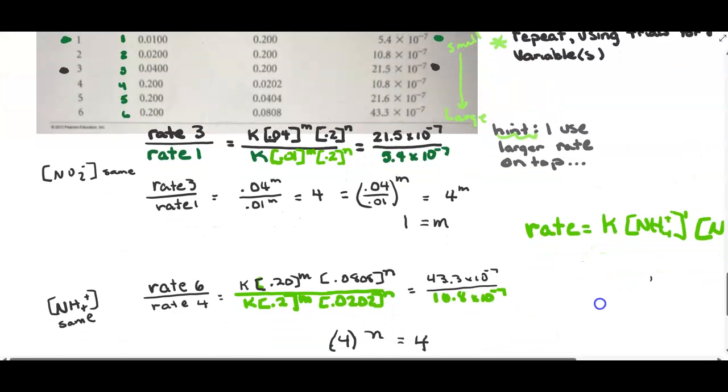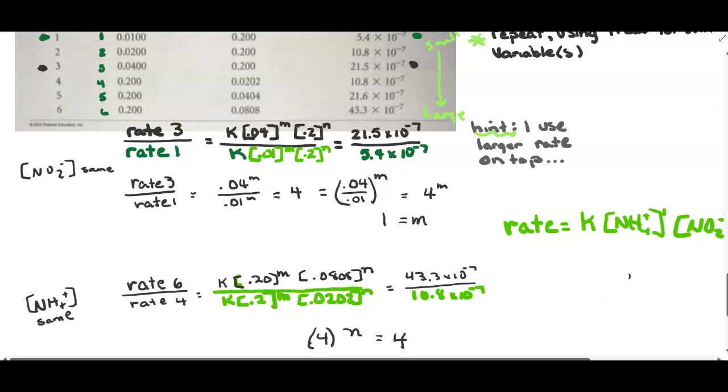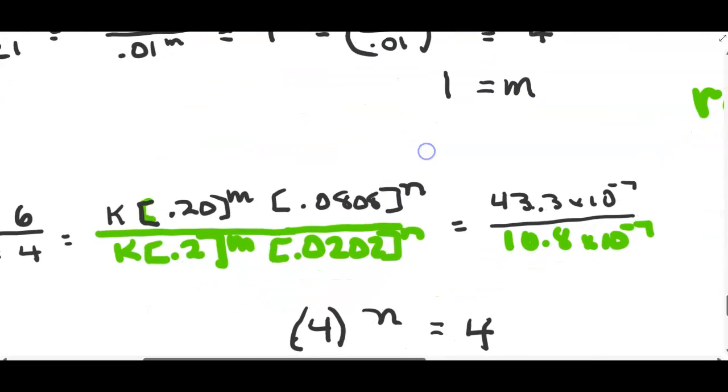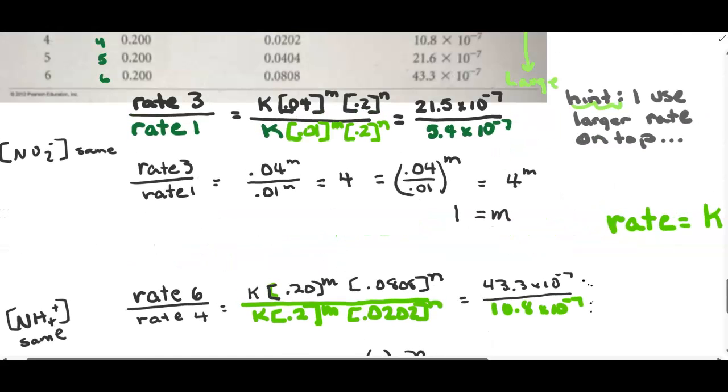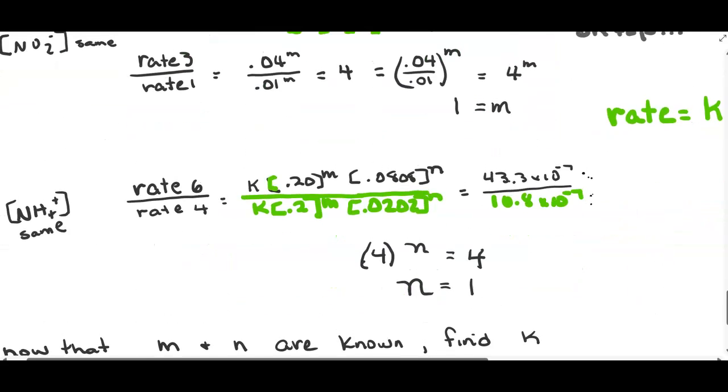And I can repeat this with a comparison, and now that I know what the exponent is for m, I can pick 2 rates that vary with the other reactant concentration. In this case, I need differing values for the nitrite, and you see I have 0.8 over 0.2, and I have the 2 rates. These are the rates, the change in concentration per unit time, and I can do the math again, and I find that n is equal to 1.